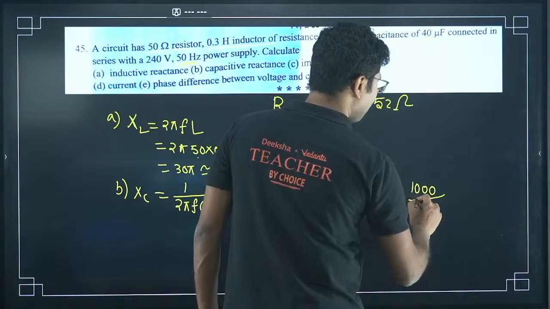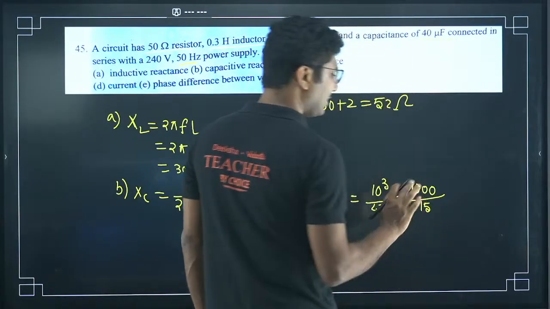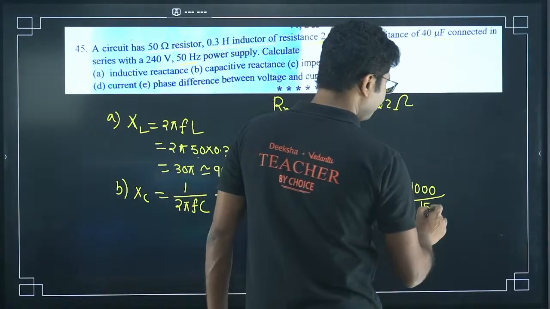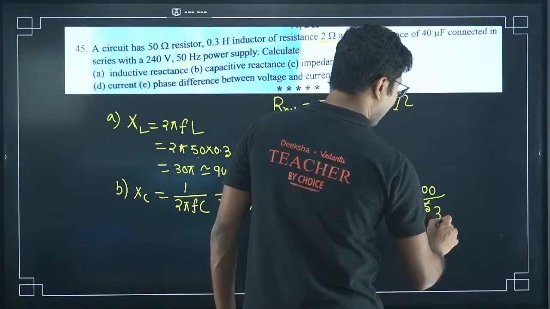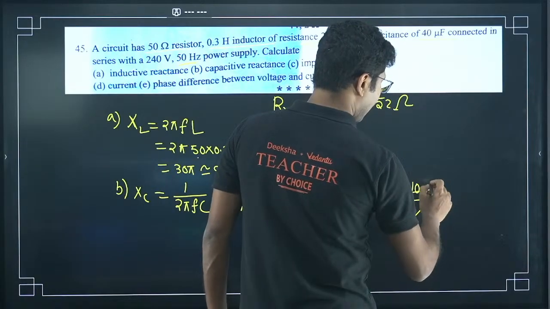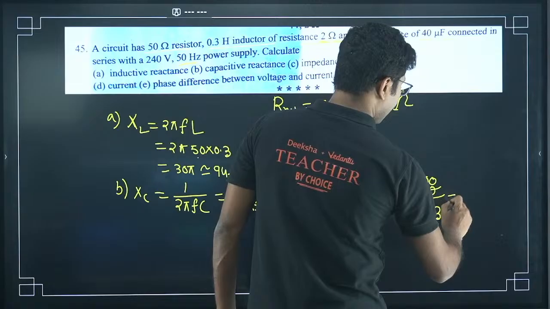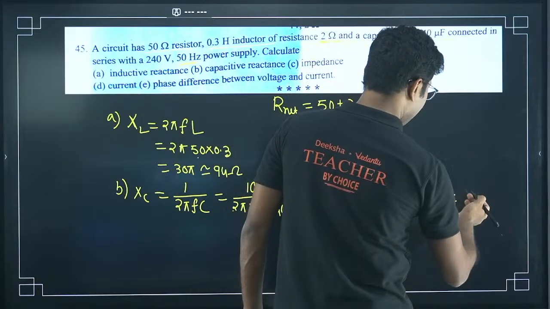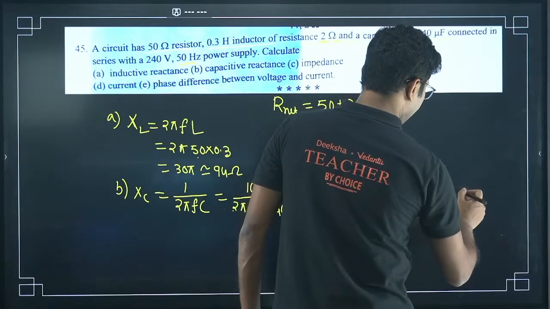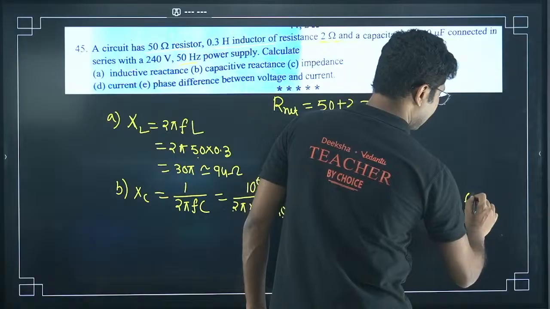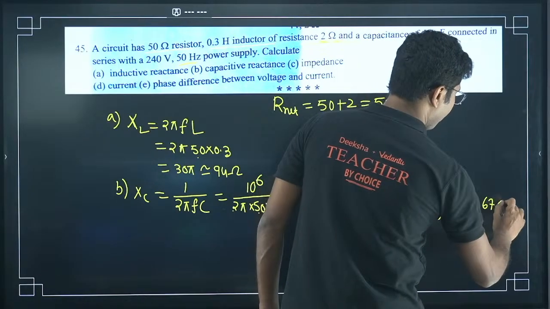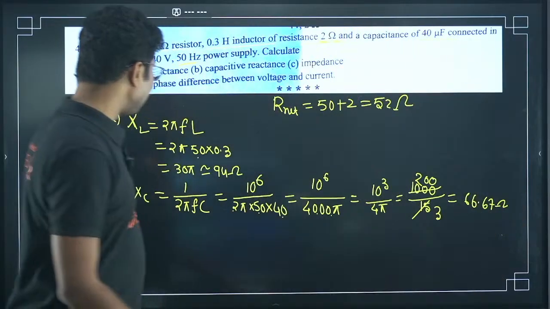It will be approximately 15 or 16. So 3 5s are 15 and 3 2s are 10, 200, and it will be 66.66, I think. Yes, 66.67 ohm. So this is the capacitive reactance.